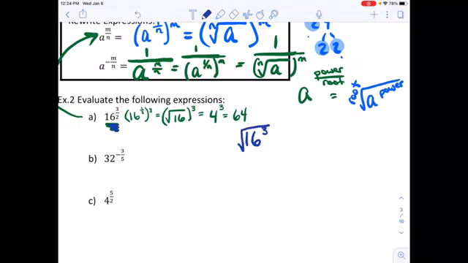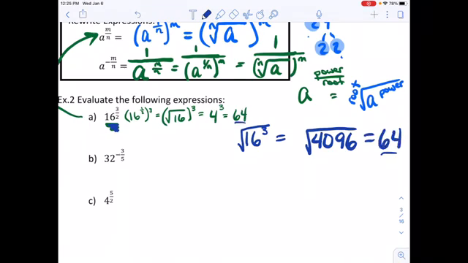I take and I simplify inside the root. So 16 to the 3rd power is actually 4,096. And I know that needs to be square rooted because that 2 is in my denominator. I take the square root of that number just to check to see maybe it is a perfect square. Turns out it is. We get 64. Notice these do match up. Good thing they do because they should get us the same answer.